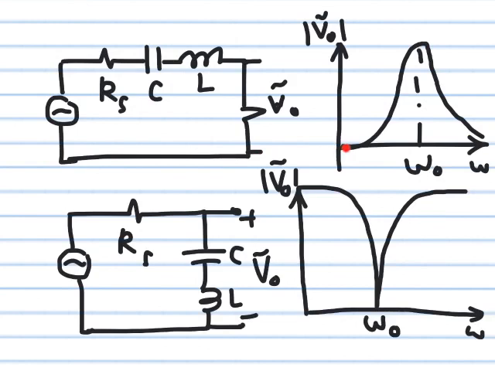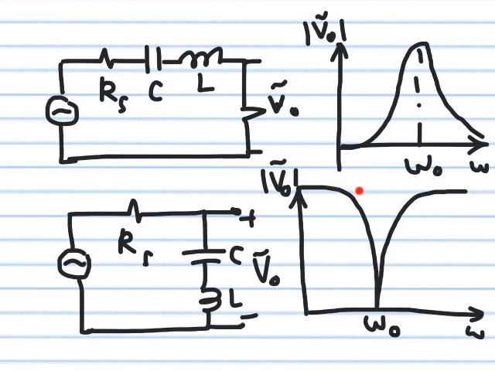So if you try to plot this, you see it acts like a band pass filter. It peaks only at the resonance frequency, and then it decays around that resonance frequency. If you switch the circuit to the other configuration we have seen earlier, you see an opposite behavior. You see that it's actually a notch filter, or it actually stops one frequency or a band of frequencies around it.